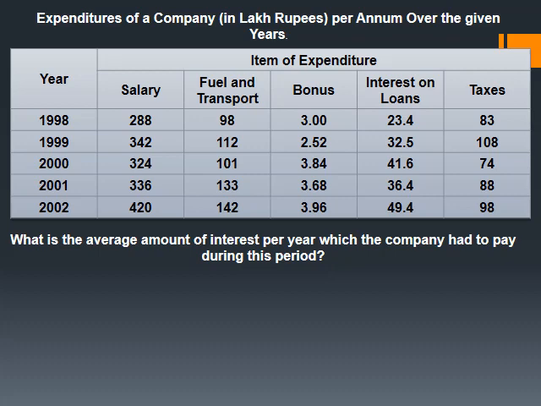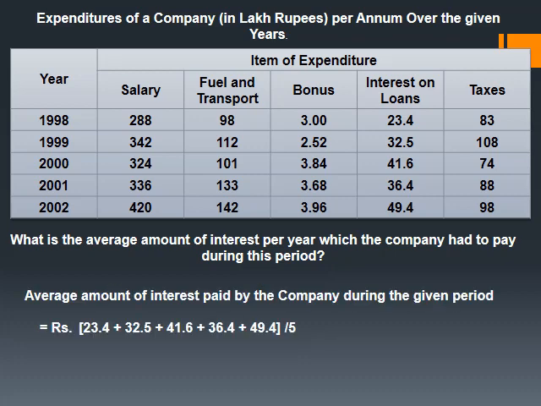So we had to add all these numbers that is coming under interest on loans. That is 23.4 plus 32.5 plus 41.6 plus 36.4 plus 49.4. So we are adding all this data for 5 years. Then to find the average, you divide by 5, and you get the number, that is 36.66 lakhs.